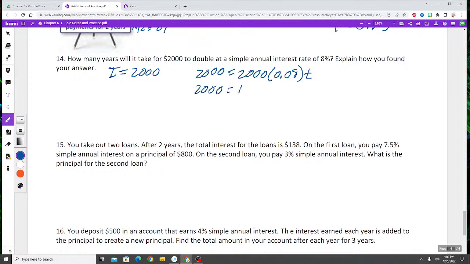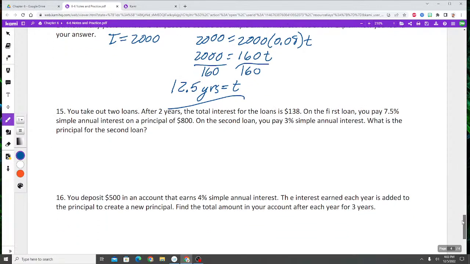The product of the right-hand side is 160t. We divide both sides by 160, and t is 12.5 years. So if you have an 8% interest rate, you're doubling your money. Well, I'll keep my mouth shut.